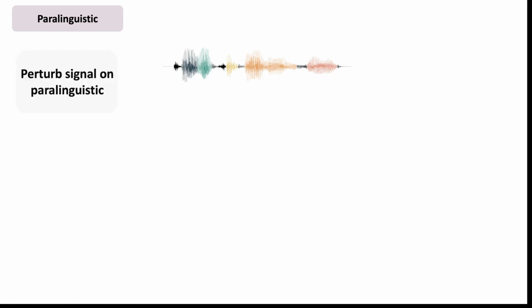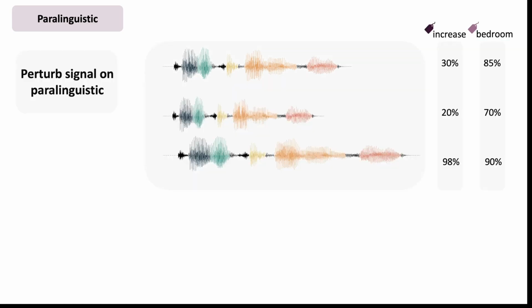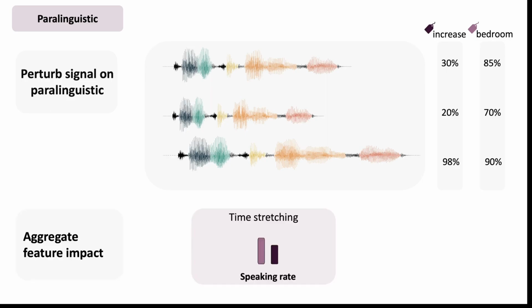As before, we do this operation multiple times and we observe the impact on the prediction. And finally, we aggregate the impact. In this case, we observe a prediction change, and so the model relies on the speaking rate characteristic for the prediction.